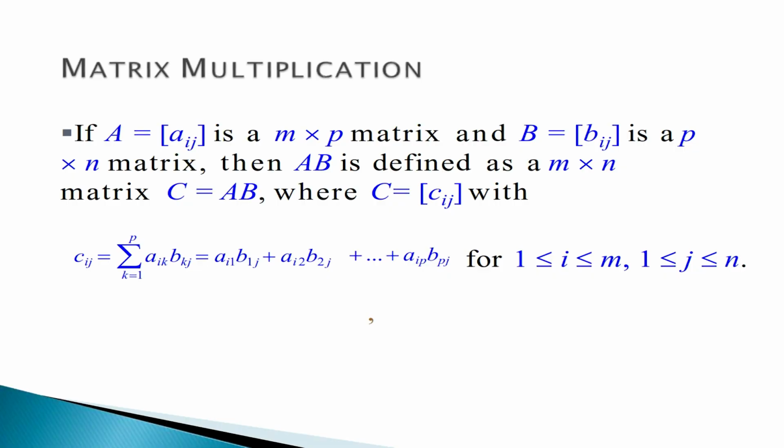If A is a matrix of order m cross p whose elements are in the form of a_ij, and B is a matrix of order p cross n whose elements are in the form of b_ij, then AB is defined as a matrix of order m cross n whose elements are in the form of c_ij, where c_ij is equal to the summation of k varies from 1 to p of a_ik b_kj, where i is less than or equal to m and greater than or equal to 1, and j is less than or equal to n and greater than or equal to 1.